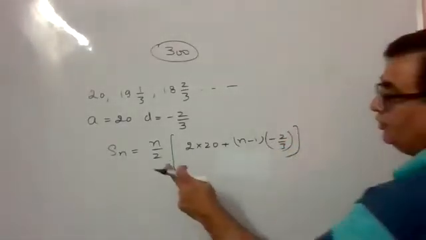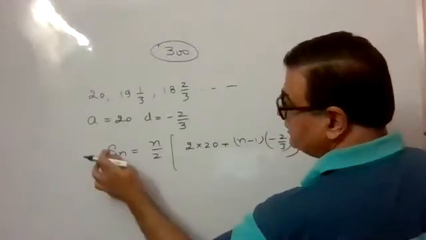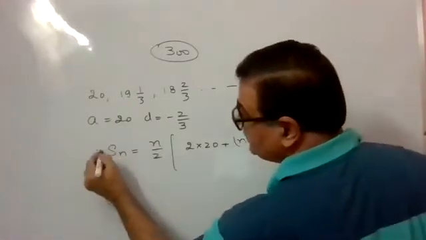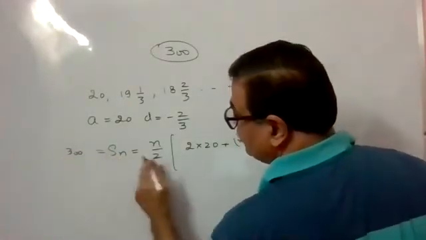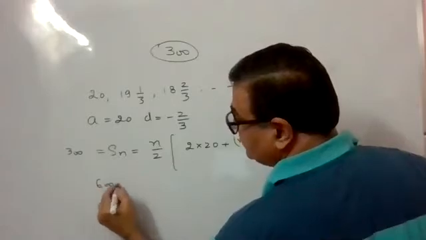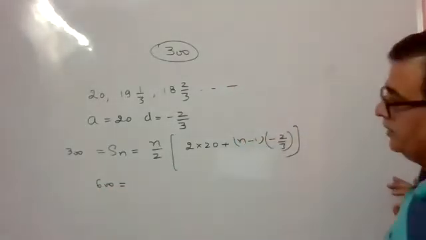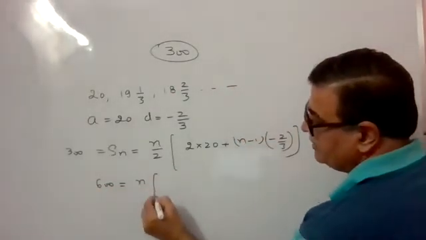Now, this 2 can go this side, this is 300 already, we know. So 2 will go this side, so it will become 600. And here it will left n.